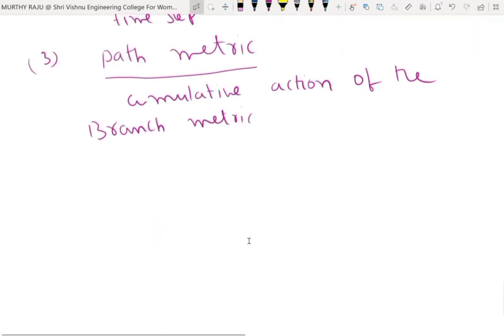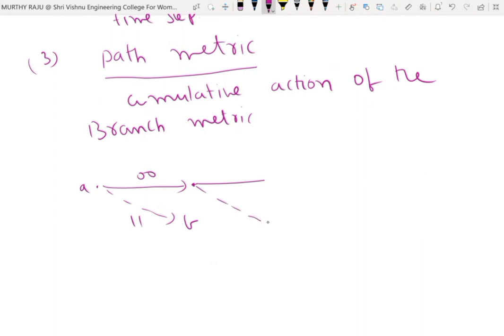Example: here the initial state is A, here A to A is 0 0, here A to B is 1 1.